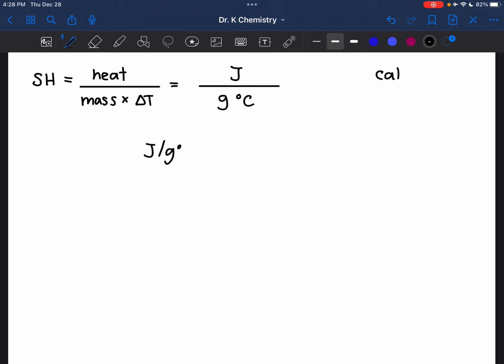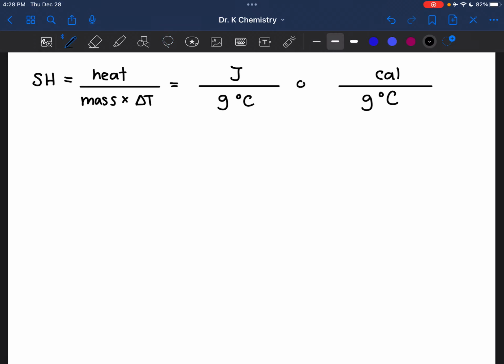So don't use the slash, because when you put that into an equation, it becomes really difficult to see which units cancel out. So I prefer to have a very distinct numerator and denominator so I can see how everything cancels. Now we can express heat in calories instead. And in that case, it would just be a calorie over gram over degree Celsius.